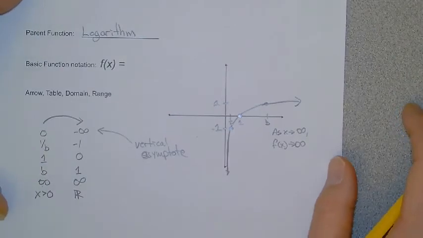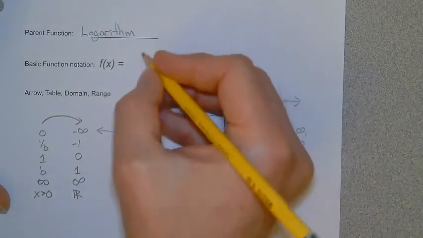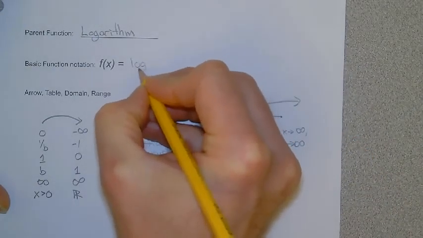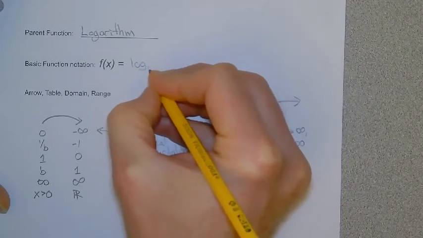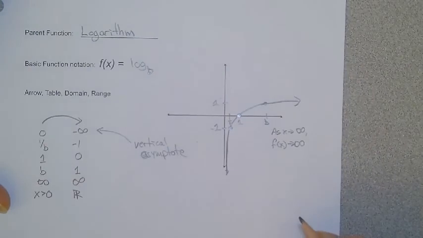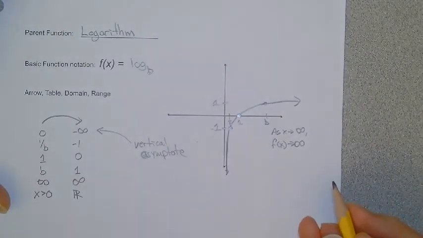The way that he chose to write it was log, and then he would name the type of logarithm depending on what the base of the exponential had been. So the base of our exponential is b.